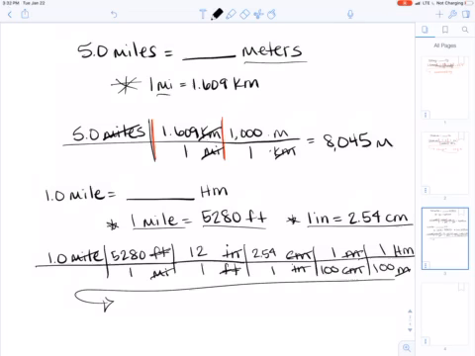So we have 1 times 5,280 divided by 1 times 12 divided by 1 times 2.54 divided by 1 times 1 divided by 100 times 1 divided by 100.